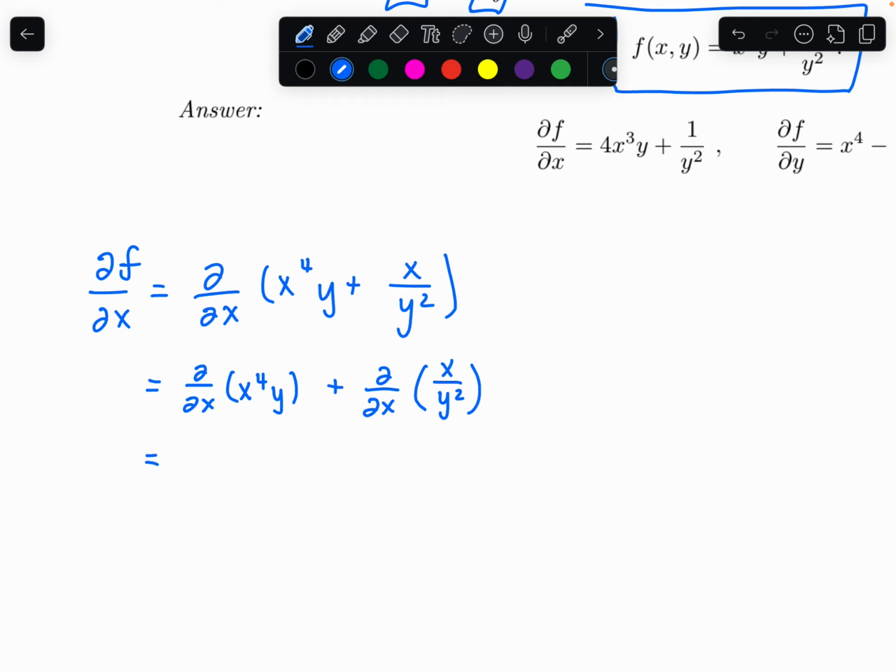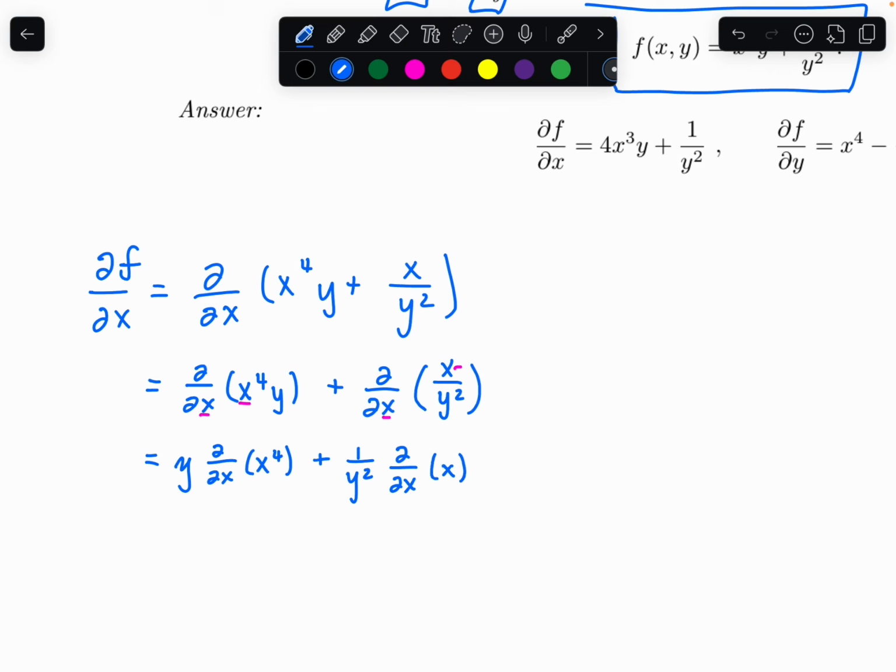Then you can take the derivative of the variable that you're interested in. Since we're talking about x's, I'm just going to kind of isolate all my x's, right? So I'm kind of making that little pink is kind of like my mental note. Everything else is going to come out to the front because it's constant, right? So I'm going to take the partial derivative of x to the 4th and multiply it by that constant y at the end. This one, I've got a 1 over y squared, partial derivative with respect to x of x.